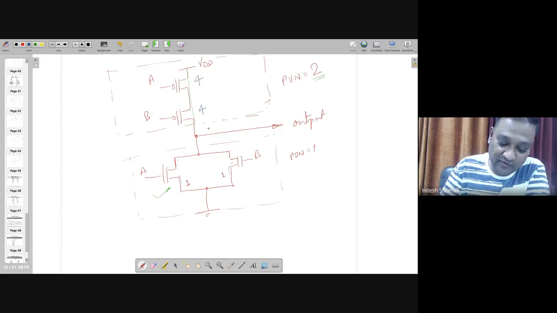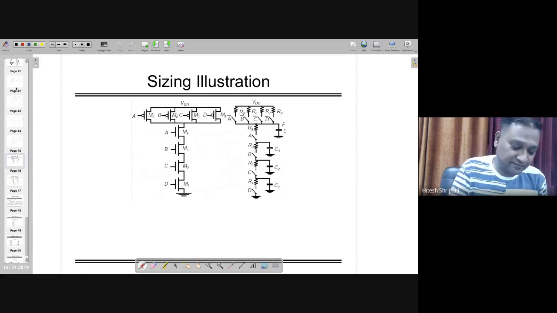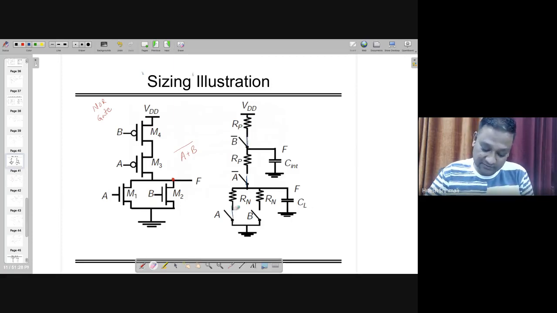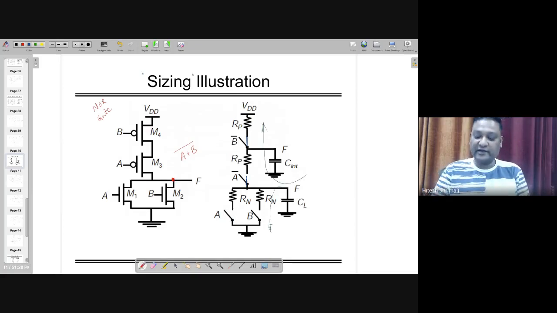So here it will be 4-4 and here it will be 1-1. Okay. So this is what we have done right now: we make sure that the resistance offered by the upside and the downside are both equal, so that the output has an equal switching threshold.